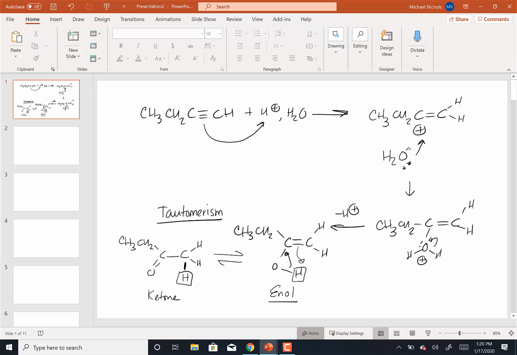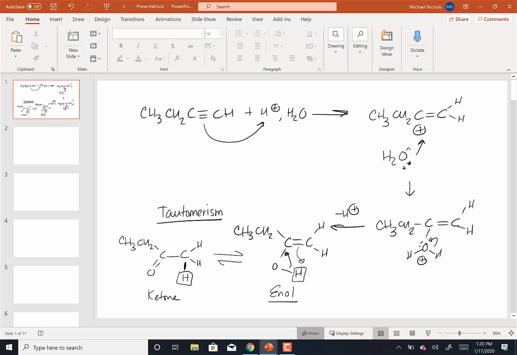If they were resonance structures, neither one of them would exist, right? It would be the hybrid. These are true structures, and they both physically exist. If you take PChem lab, you'll do an experiment on determining the percentages of each one of these two in a mixture.